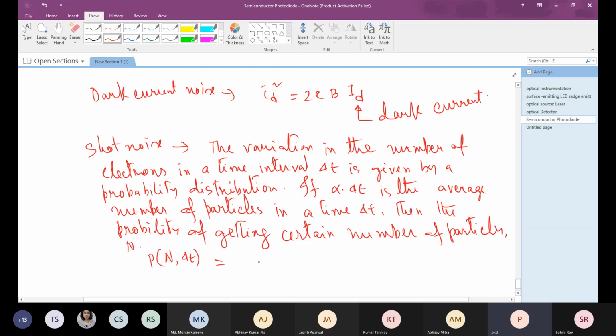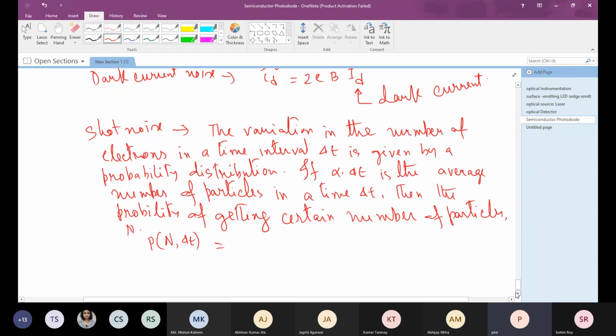The distribution would be an exponential function of minus something, of course this will be a square. The distribution width would be twice alpha into delta t.